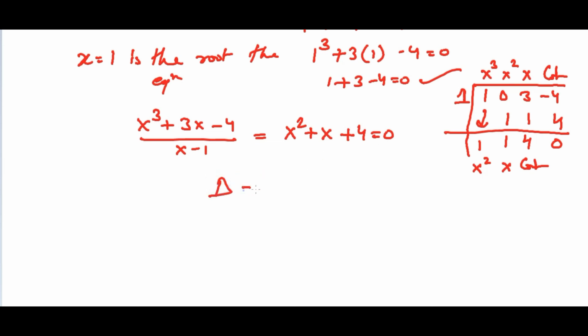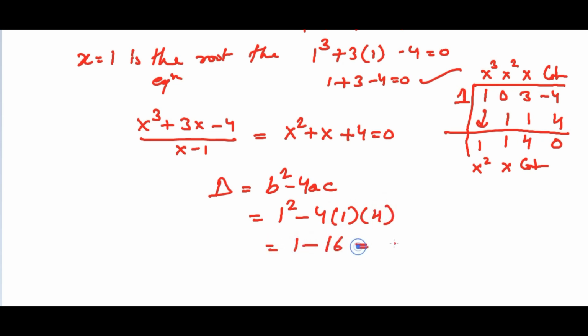First let me find the discriminant, which is b square minus 4ac. B is 1, so 1 square minus 4 times a is 1 and c is 4. So we get 1 minus 16, which is negative 15, and if the discriminant is negative, the roots are complex.